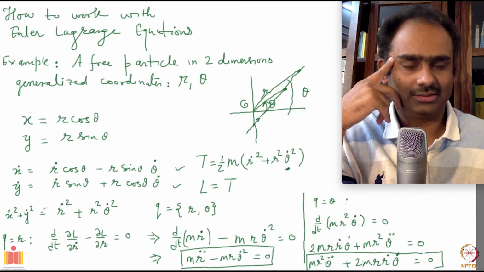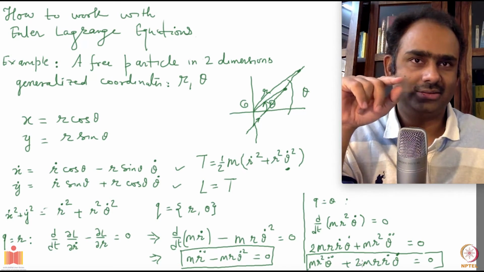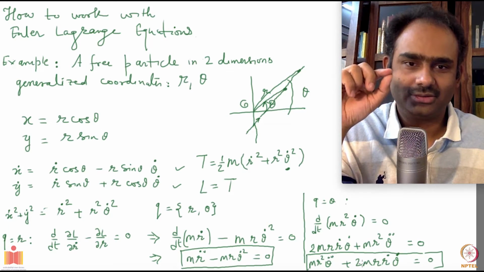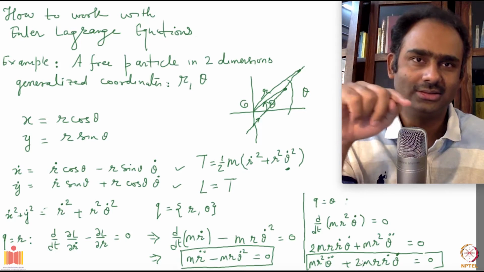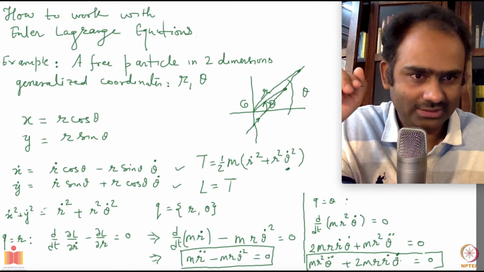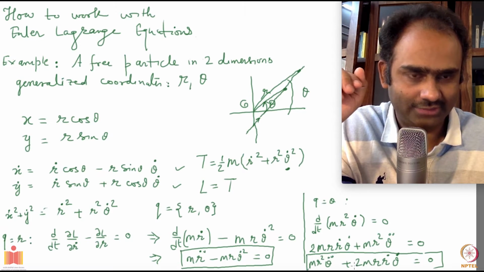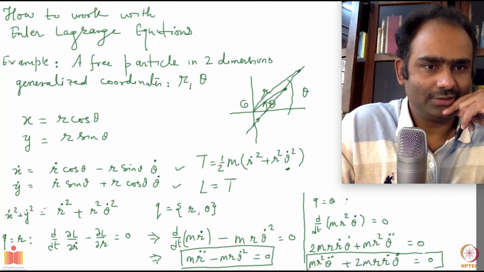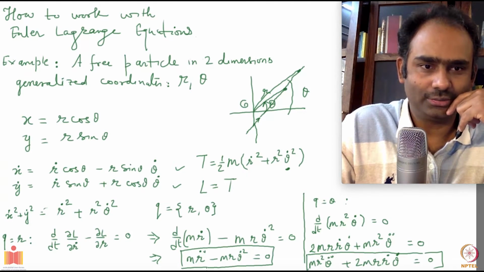And if you look at the component corresponding to theta hat, the tangential direction, you will get this piece. Okay, this term here, which is on the left hand side here. So these are our familiar results, which we have derived using Euler-Lagrange equations.